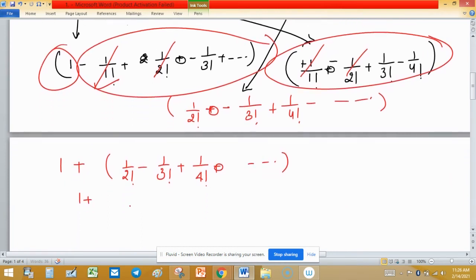This is e raised to the power minus 1, and minus 1 is not here, so it will be e raised to the power minus 1 is 1 minus 1 upon 1 factorial plus 1 upon 2 factorial.